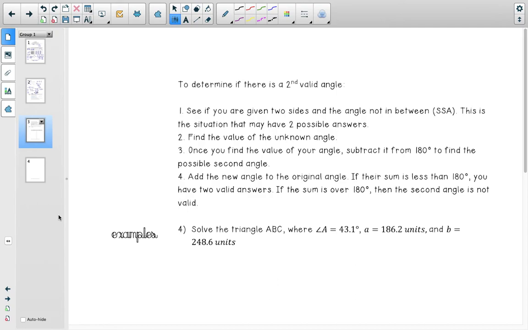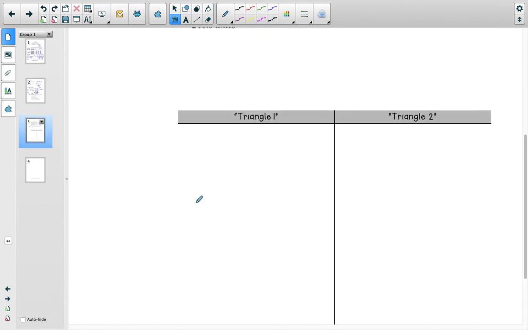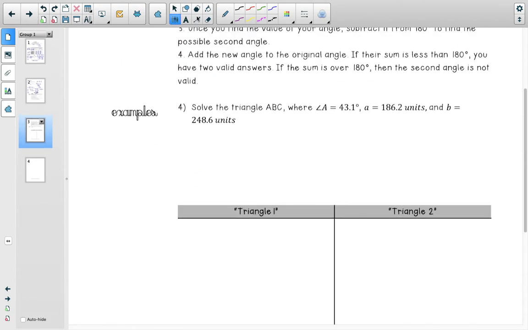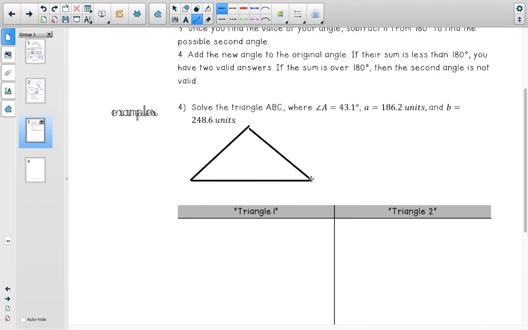So let's go ahead and at least draw a triangle. And I made a table for you to help separate it because it could be a lot. So let's make a triangle. Say we have this, okay? And this could be triangle 1. It's a little off.